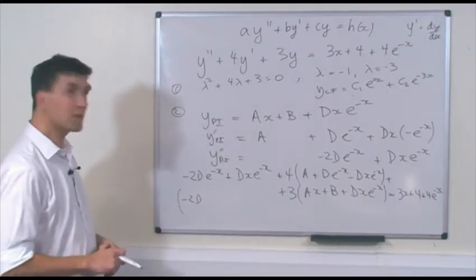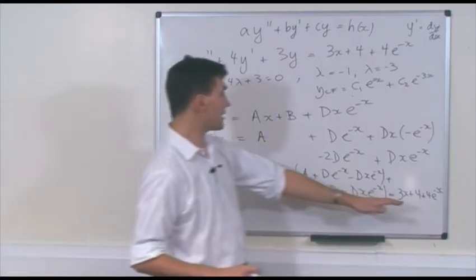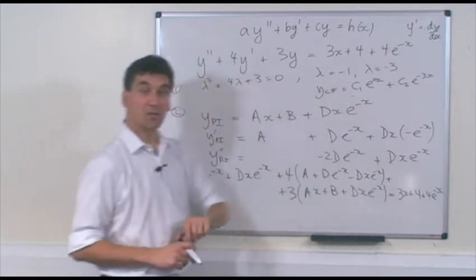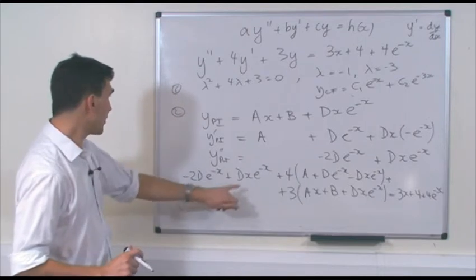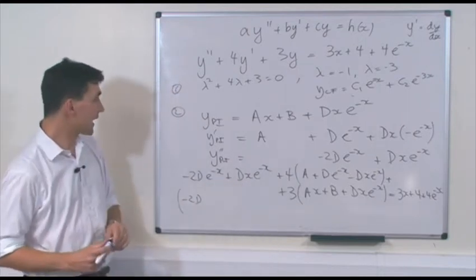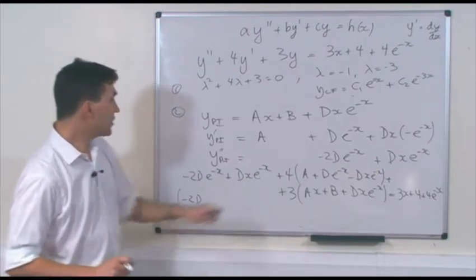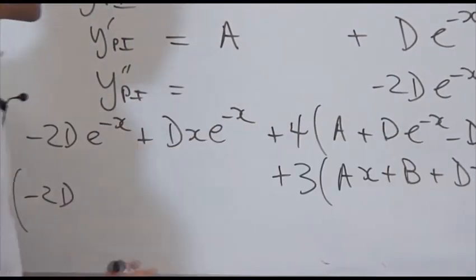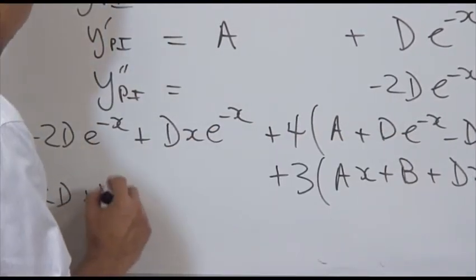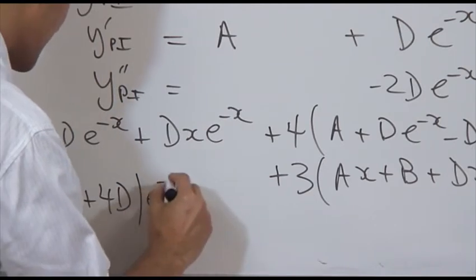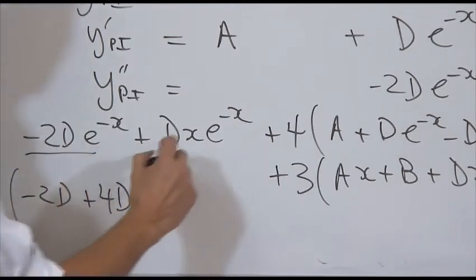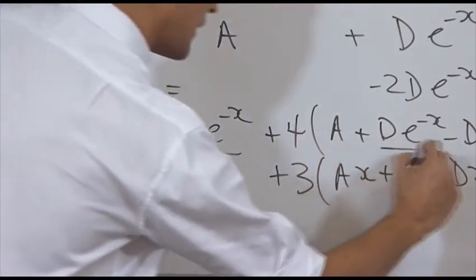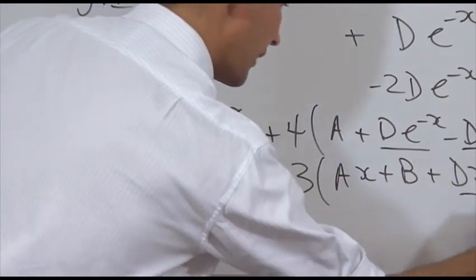Well, that's convenient because we don't have any x e to the minus x's on the right-hand side for them to be matched with. So we don't have any dx e to the minus x's. We do, however, have 4d e to the minus x from there. So 4d e to the minus x. So that we've dealt with that term, and that term, and that term, and that term, and that term.